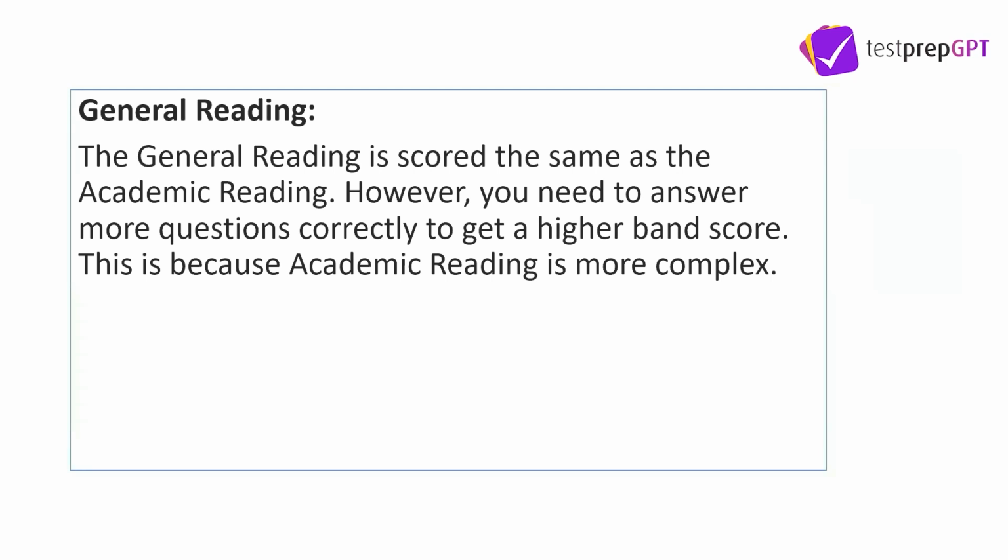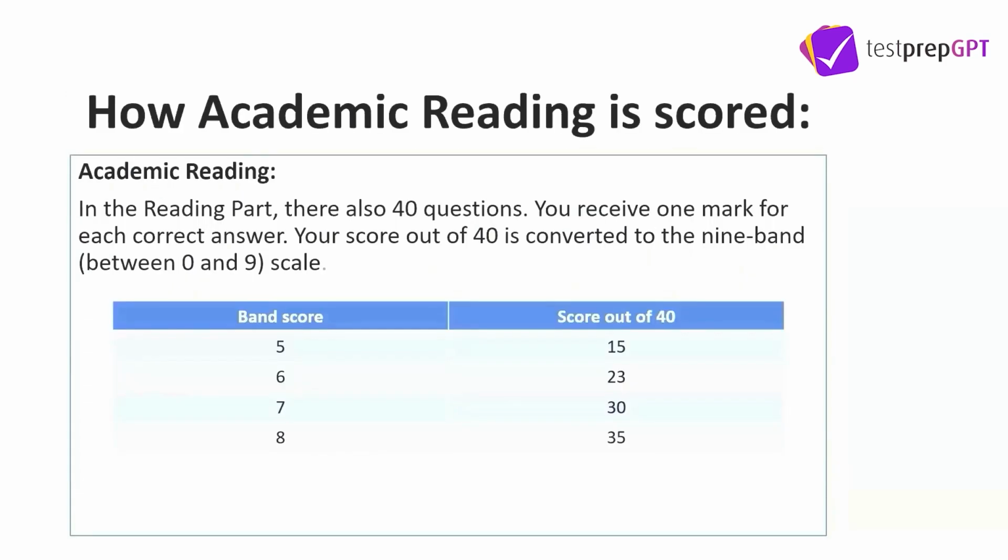Regarding scoring, the general reading is scored the same as academic reading. So basically, if you get an answer correct, you get 1 mark. However, the difference is that you need to answer more questions correctly to get a higher band score in general, because general IELTS is less complex than academic IELTS.